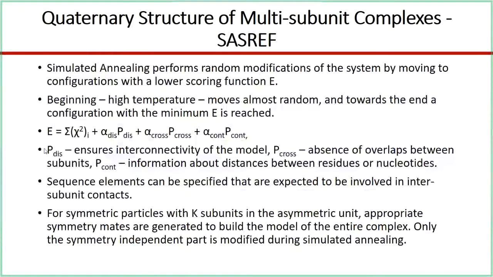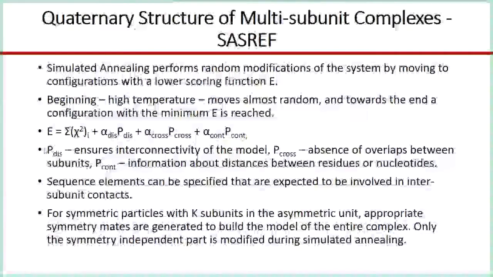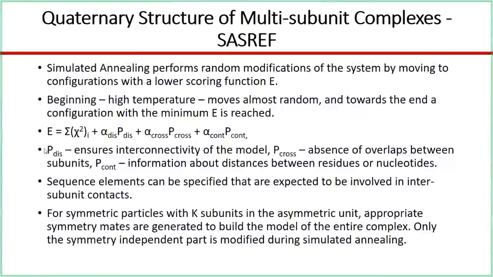Random modifications of the system happen by moving them by certain amounts translationally and rotating them by fixed angles. Beginning at a high temperature, you can interactively decide what the temperature is and the speed at which it is cooled down. All this is something you can control.